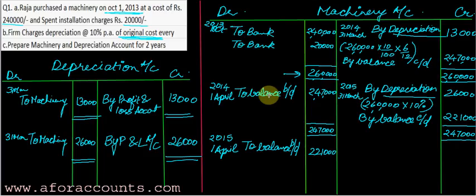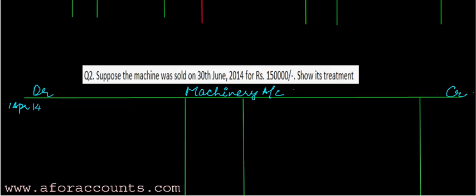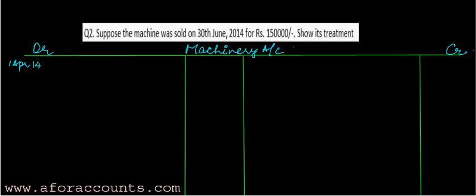We have a second part of this question as well. So let's see that. Suppose the machine was sold on 30th June 2014 for rupees 1,50,000. Show its treatment. Okay.